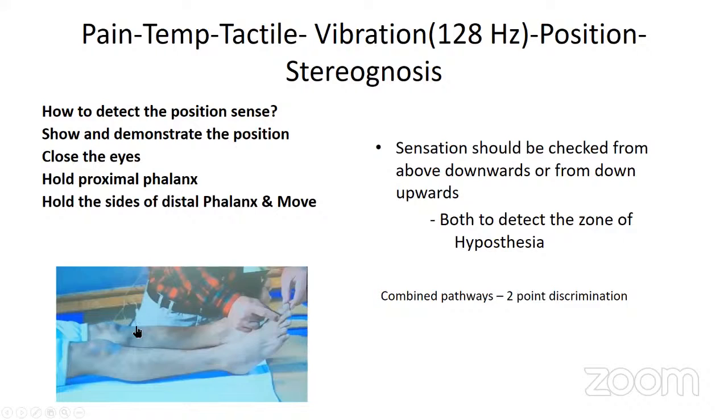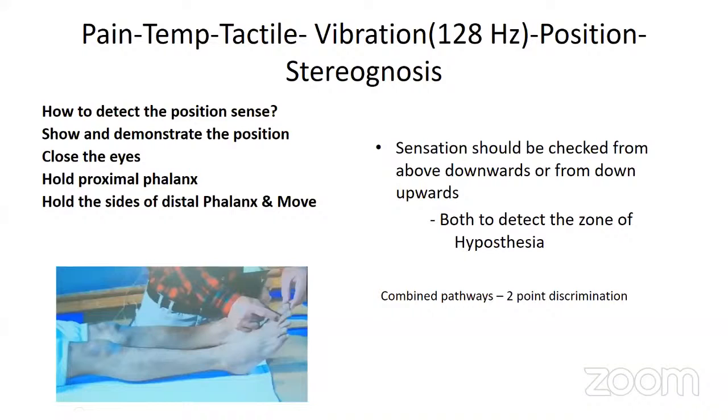So now, most important is how to detect the position sense. As you can see here, you have to first show the patient that this is the upward position, this is the downward position. Now ask the patient to close the eyes, hold the proximal phalanx like this. Now hold the sides of the distal phalanx and move. Don't hold it anteroposteriorly, always side to side.